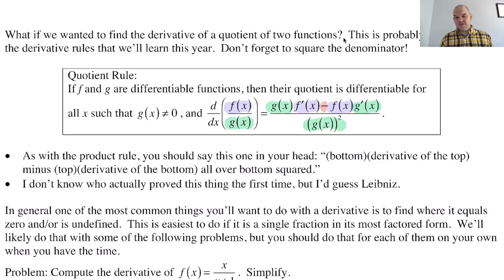Here's how you actually say it though, and it's written below here. It's going to be bottom, and then what I usually say, I don't say "of the," I just say derivative top, and then minus top. This is annoying.